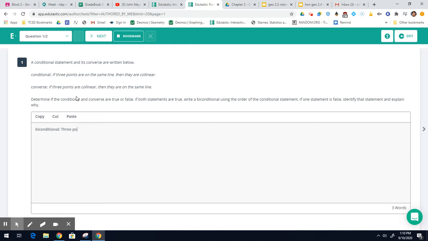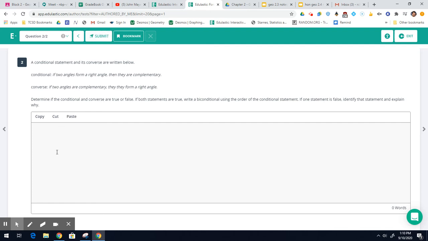So I'm going to say 3 points are on the same line. And now here comes the magic words, if and only if. Don't write the word then. They are collinear. There we go. And again, the reason I can write this biconditional is because this is true forwards and backwards, two ways.